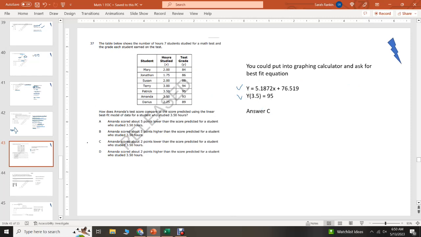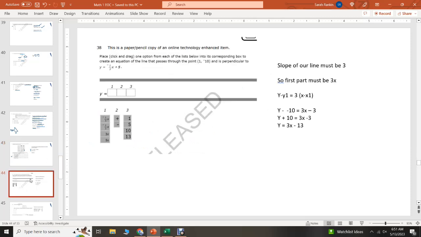So that's answer C. Or if you're stuck, you could just look at what the other people that studied 3.5 scored, and she scored about 2 points lower. So if you know how to use your graphing calculator and know how to put in a best fit equation, that's the best case. But I don't know whether they still require a graphing calculator for this. So this might be just an old question that they're going to throw out.